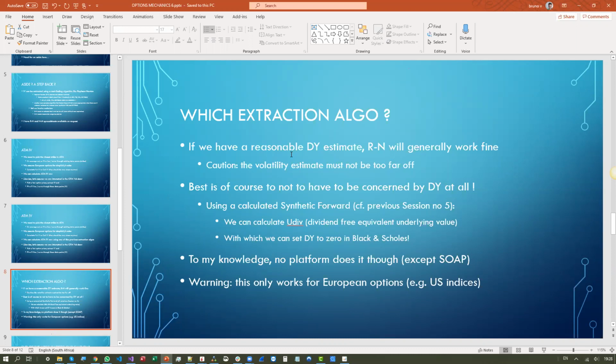I have not yet tried on American options. I know, like I mentioned, Barone-Adesi-Whaley is a modification of Black-Scholes to try and accommodate American options. And I believe you can massage the UDIV, basically massage the put-call parity, because that's what it takes to calculate it, to also make it work for American options, but I haven't gone into that yet.